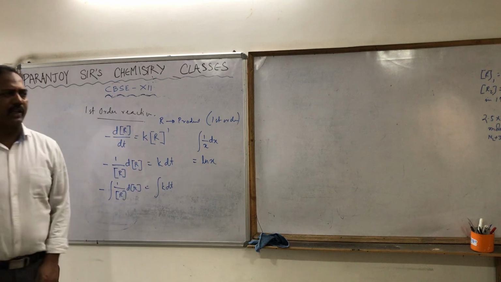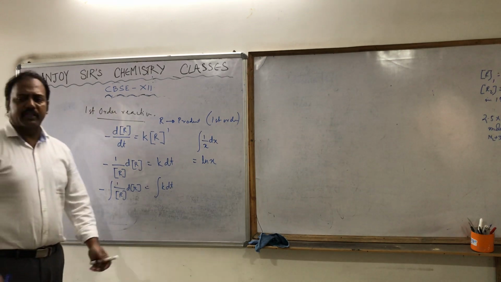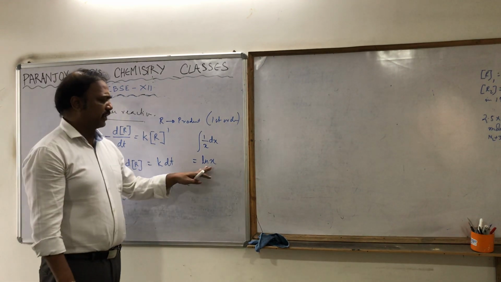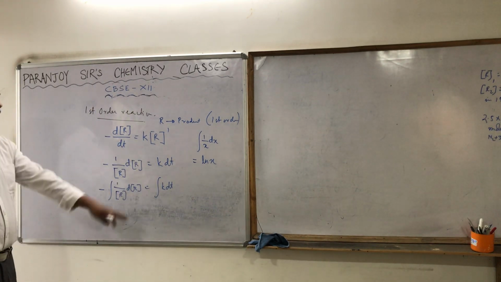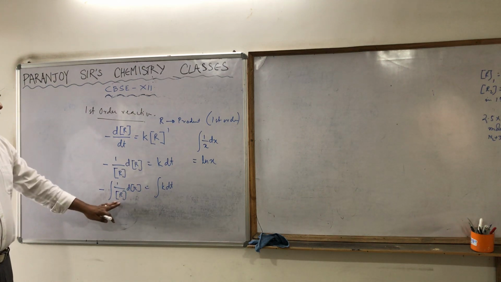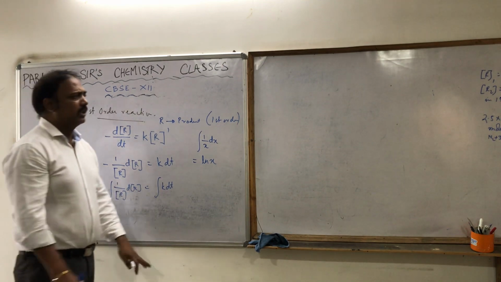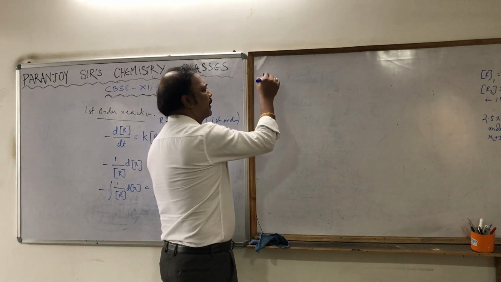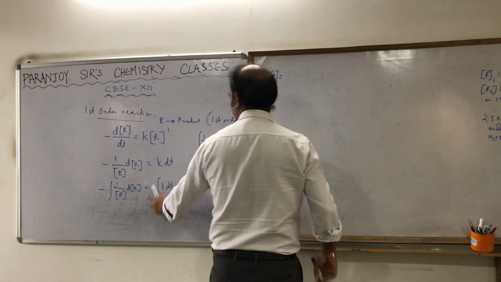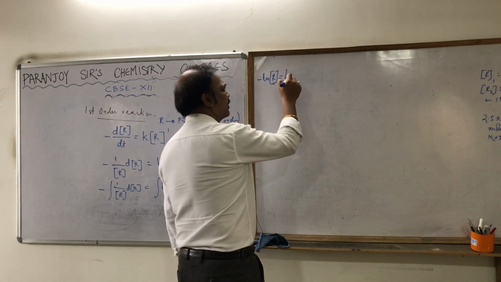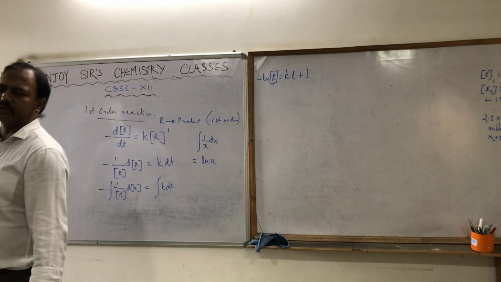In mathematics you write log x, but log x to the base e is specifically represented by ln x, so we write it as ln x. So if I integrate minus 1 by R dR, it means minus ln R, equal to K, which comes out of the integration, into the integration of dt, which is t, plus some integration constant.